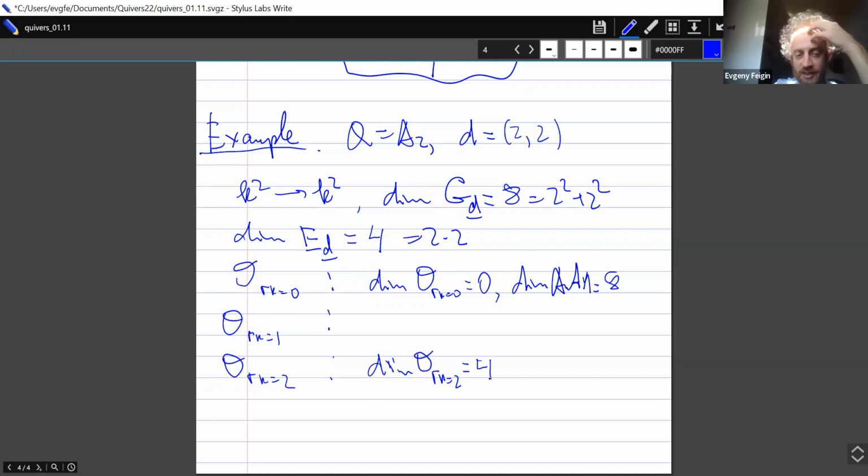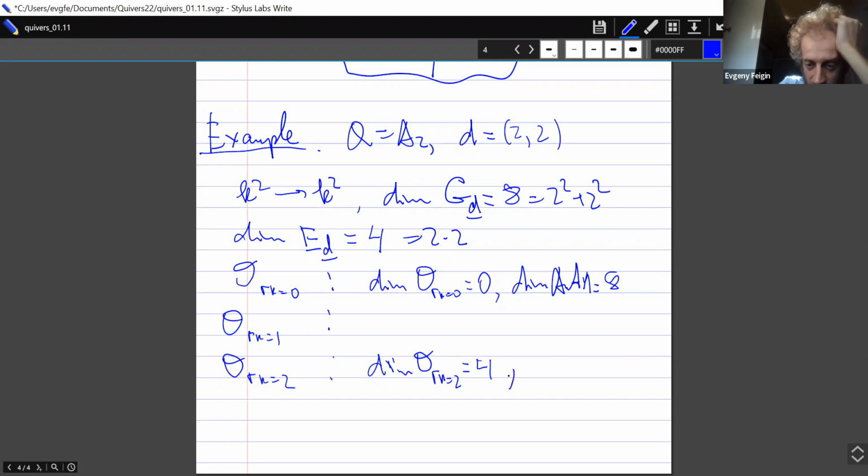Simply because this means that our map should be just an isomorphism within the two-dimensional spaces, and it's clear that this is a general situation. The determinant is non-zero. And Andrei, this is exactly an example of the situation we've discussed before. So the condition on the open orbit is that the determinant of the map is non-zero, right? And this is somehow an algebraic condition, and meaning that this is open.